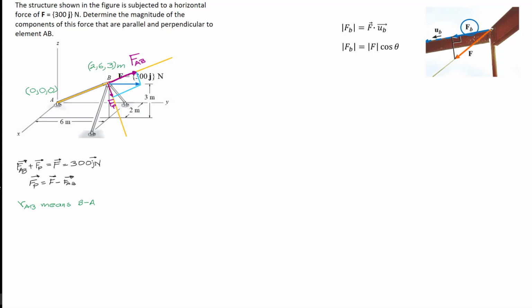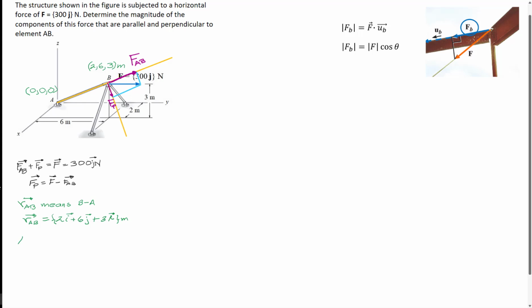On that way, my position vector AB is equal to 2 minus 0, which is 2i, 6 minus 0 is plus 6j, plus 3 minus 0 is 3k, and the corresponding units.